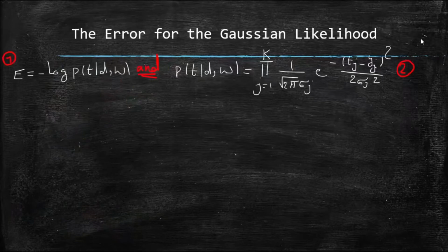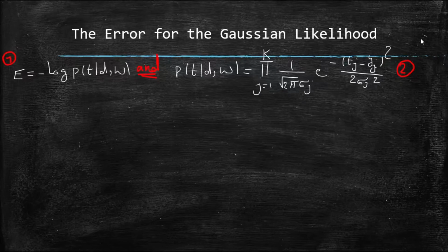Now I have the formula for my likelihood. Now I'm going to put it into my error function, which is minus the log of my likelihood. And I want to see what I'm going to come up with eventually, right? I'm going to maximize this likelihood, and eventually I'm going to minimize that error during the training of my neural network.